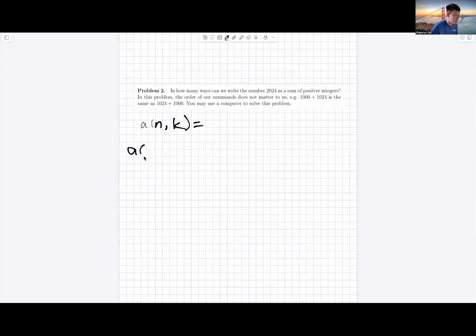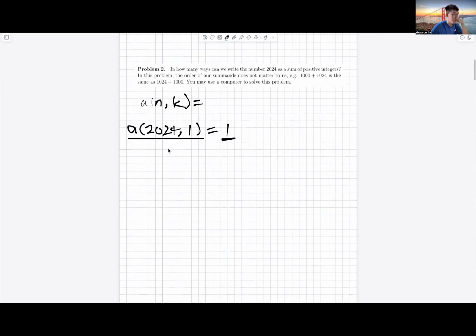So for example, A(2024, 1) is just 1. Since we can only write 2024 using one number, then this number has to be 2024, right? So we have only one way to use one number to write the number 2024.